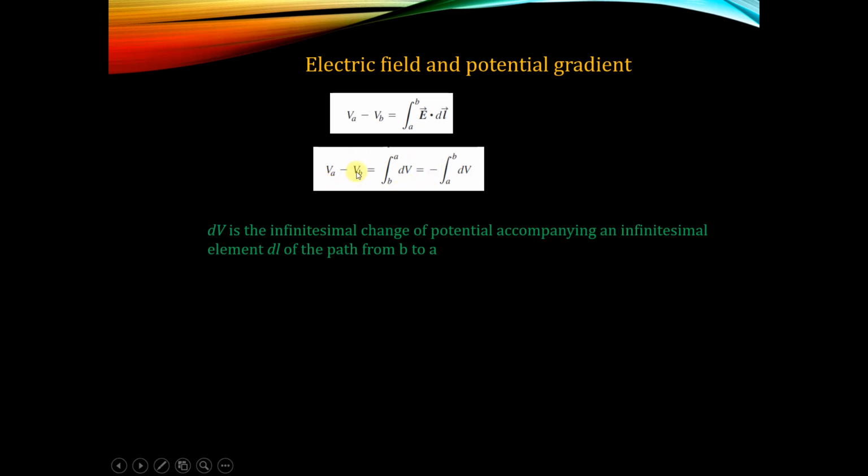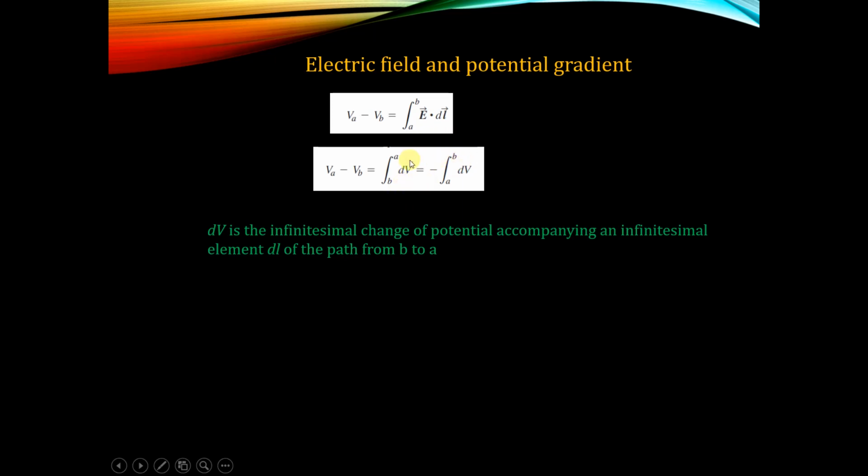VA minus VB can also be represented as integral B to A dV, where dV is an infinitesimal change of electric potential for a small element dl.